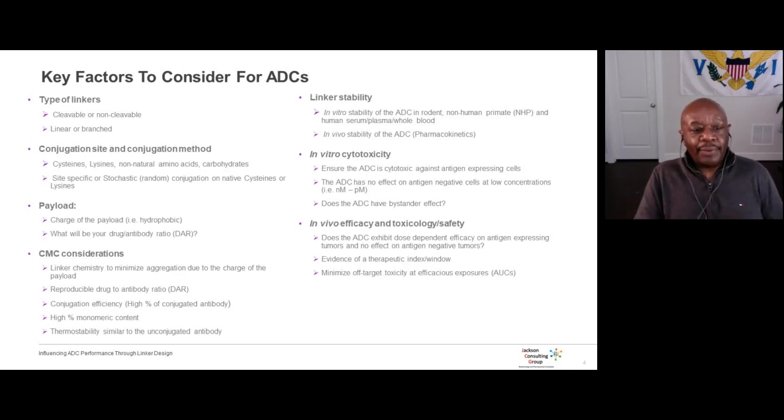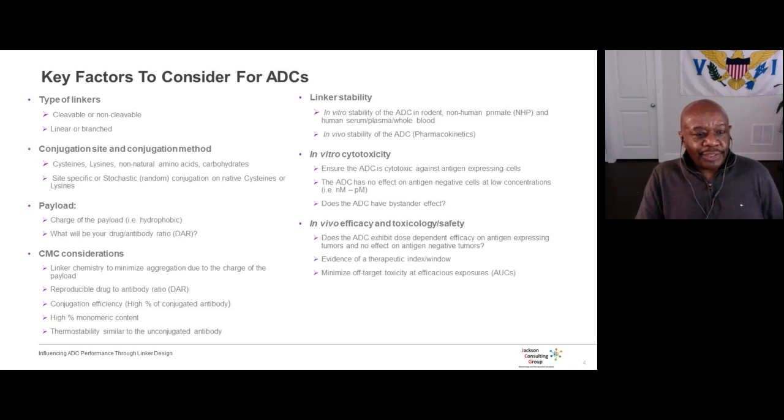Within that whole category, also, you have site-specific ADCs and you have stochastic or random conjugation methodologies. The random methodologies are primarily conjugated to cysteines or lysines, while the site-specifics can utilize either site-specifically located cysteines, non-natural amino acids, or the carbohydrates that I had mentioned previously. I'll show specific examples of these different types of methodologies in my part of this presentation, and I'm sure Matt will do the same thing as well.